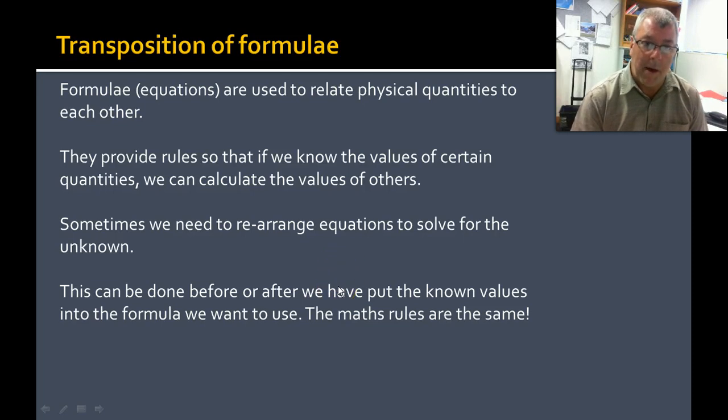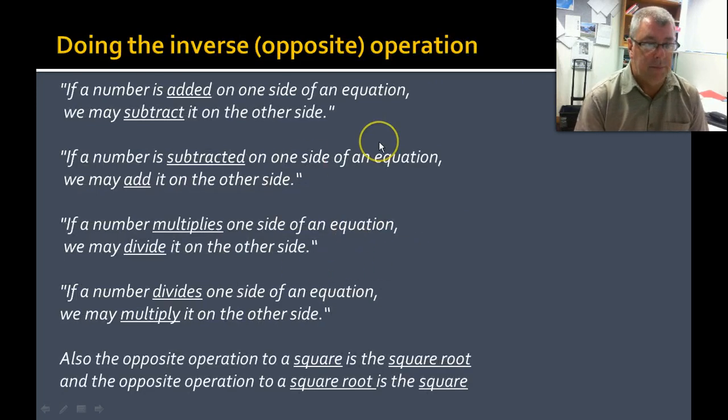And because we're using maths, some people would say that maths is a tool of science because we use it all the time. We're using the same rules that you use in maths, but what's slightly different is that in maths you're probably given equations that just have x, y and z in them, or a, b, c, whereas we have all these other letters that tend to confuse people.